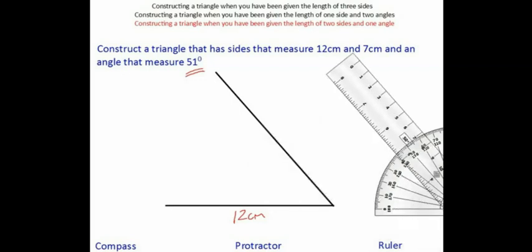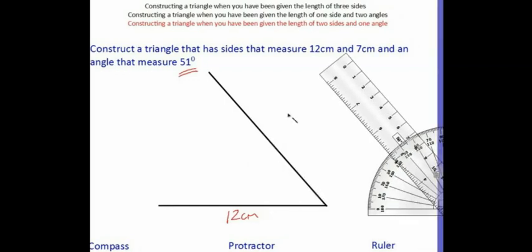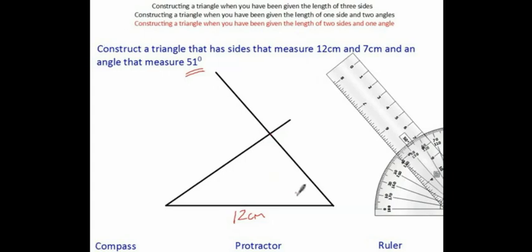And then go from the bottom left hand corner to that mark. And now again, sorry, I should have labelled that 51 immediately. So that's your 51 degrees there. And then this length here is your 7 centimeters. And that is your third construction complete.